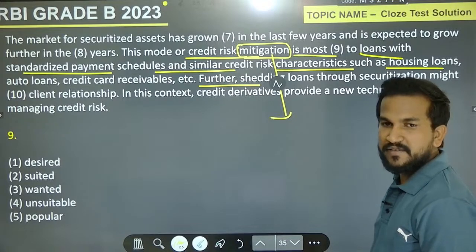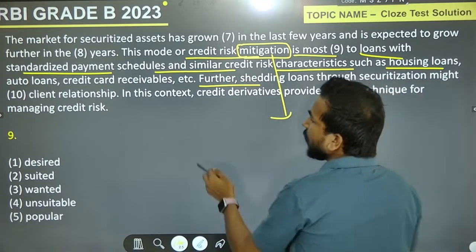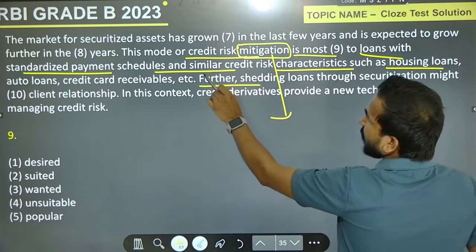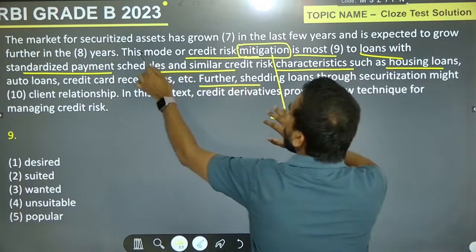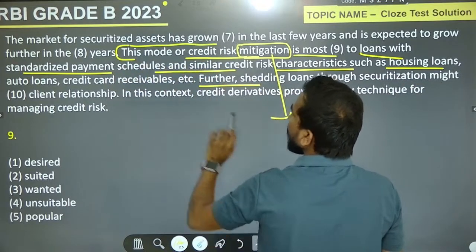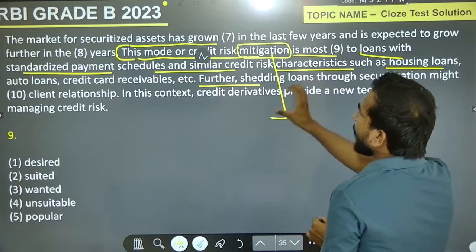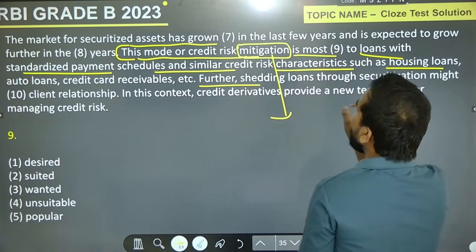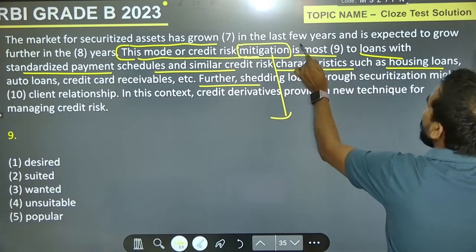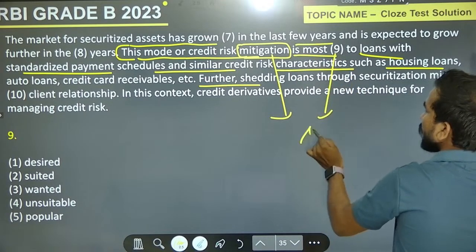Navina is saying it must be 5, and definitely, what we are talking about is this mode of credit risk mitigation. If something is suitable to us, this mode of credit risk mitigation is most suited.